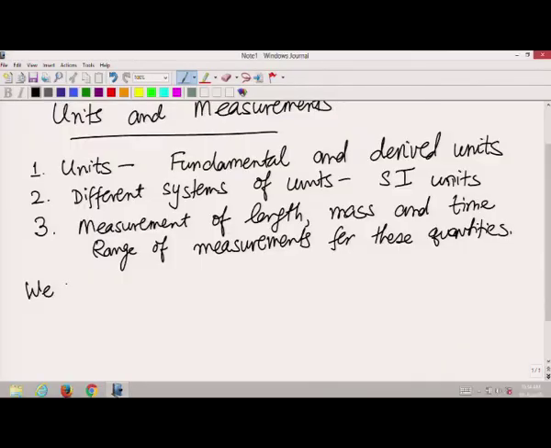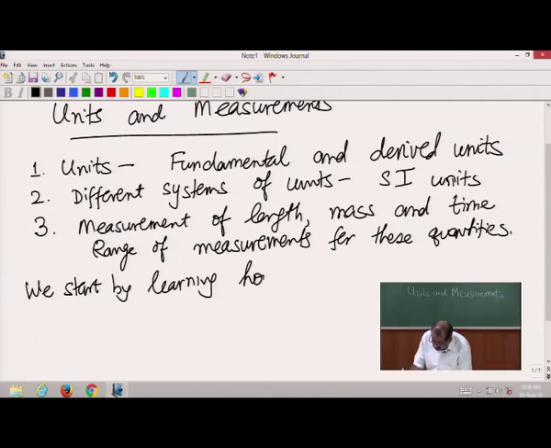So, our starting point is learning how to measure physical quantities.